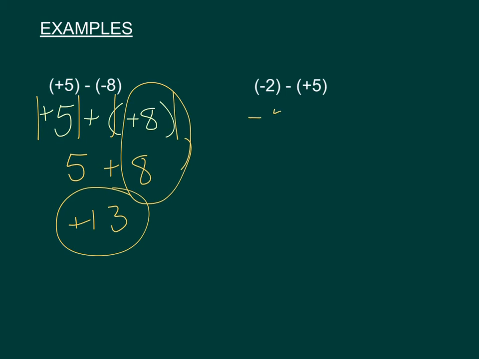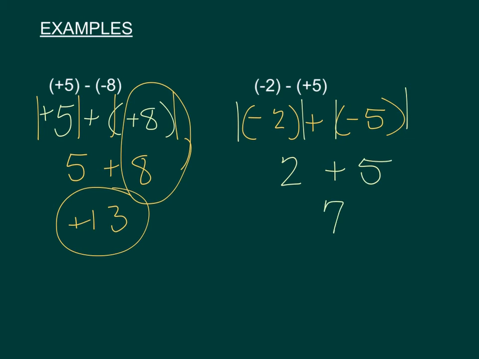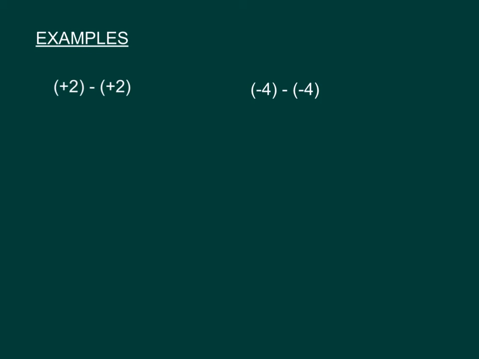I stay, change, change. And now the signs are the same, find the sum. Here are my absolute values. 2 plus 5 is 7. Larger absolute value. My answer is negative 7.